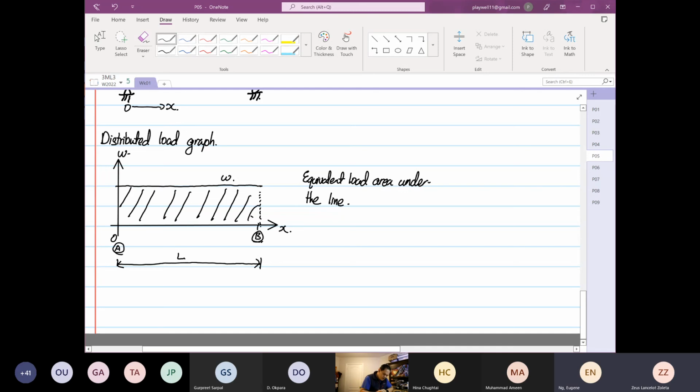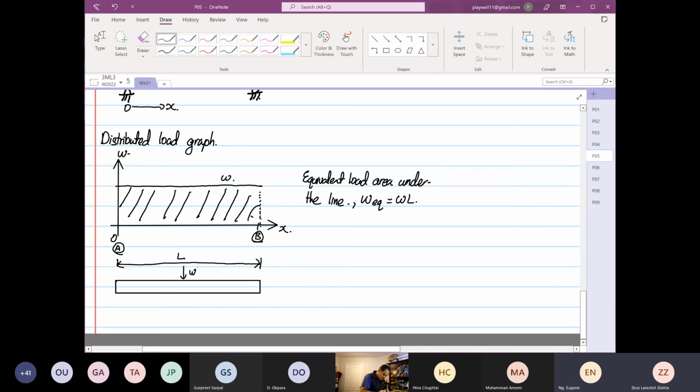To calculate the area, the omega equivalent is equal to omega L. Because it's an evenly distributed load, it's loaded exactly at the center of the beam.